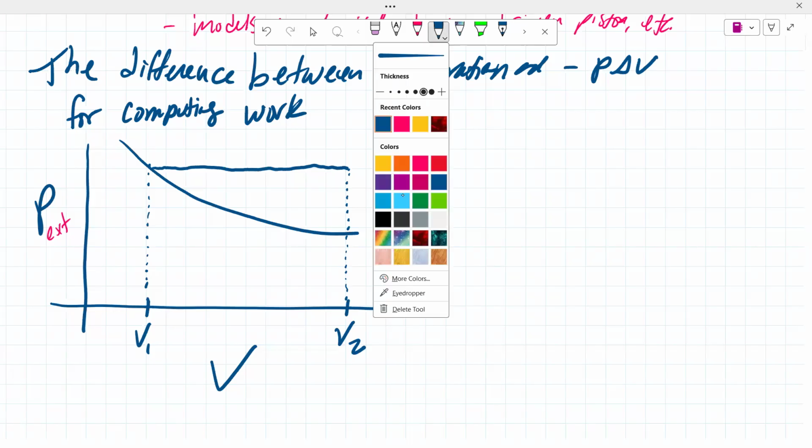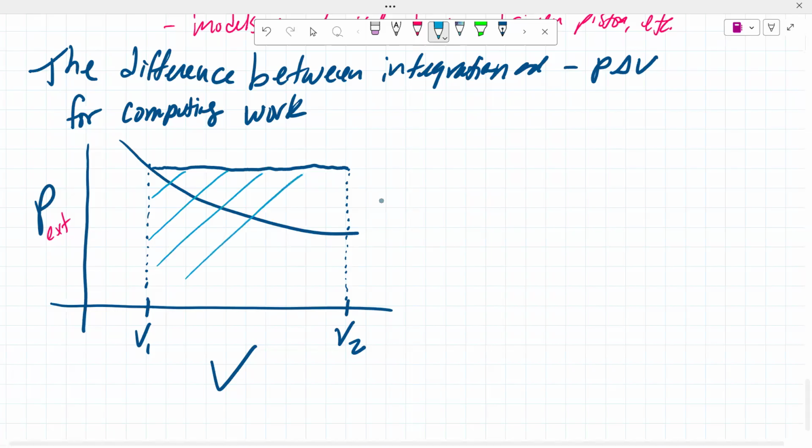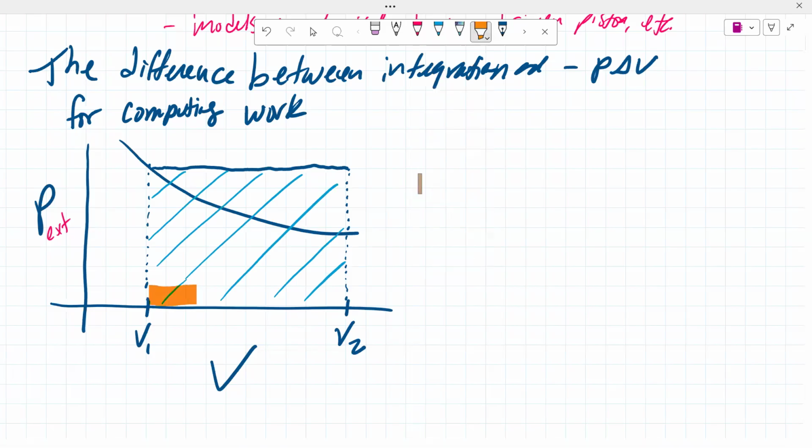Now we need this. All right, I'm drawing some nice little picture here. And then we need, oh, the highlighter would be perfect. And again, this is probably not going to be a perfect sketch, but it is a sketch.